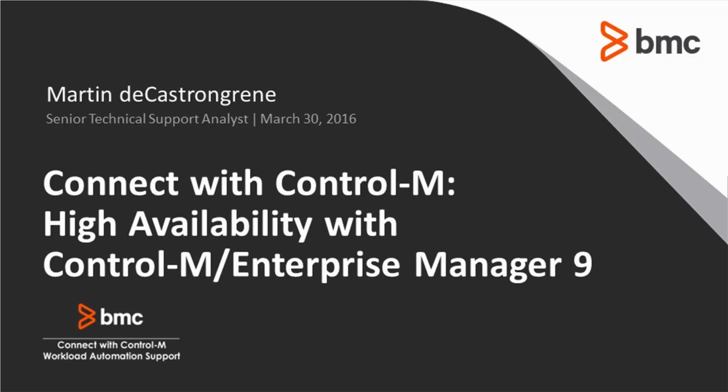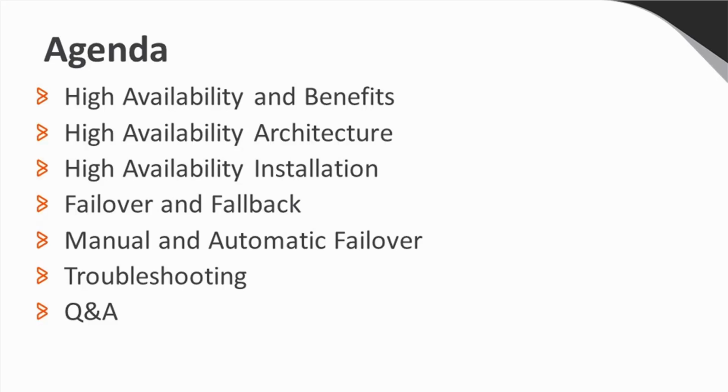Let's begin by taking a look at our agenda. So today, we'll be reviewing high availability and the benefits that it can provide you. We will explain the architecture of high availability from an Enterprise Manager 9 standpoint. We're going to go over the installation needs for high availability.